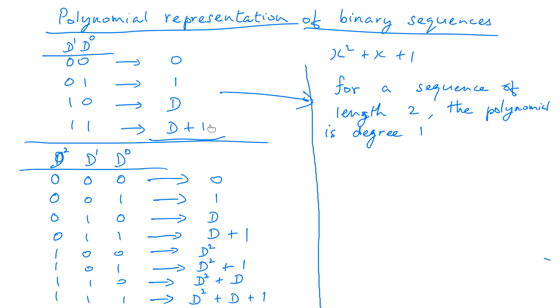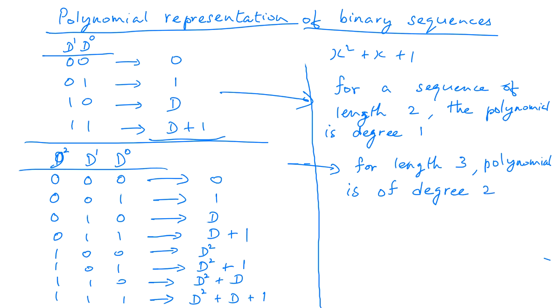Similarly, if you see for the sequence of length 3, which we have seen here, for length 3, the polynomial is of degree 2, right? And in general, for any length n, the polynomial will be of degree n minus 1.